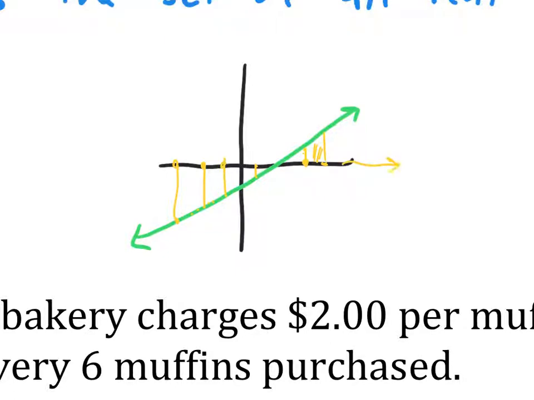So that means the domain is going to be everything on this x-axis, because this arrow goes forever to the right. There aren't any gaps. Notice there's no gaps on this line here. I've connected the dots entirely. And it goes forever to the left, which means my domain goes forever to the left.